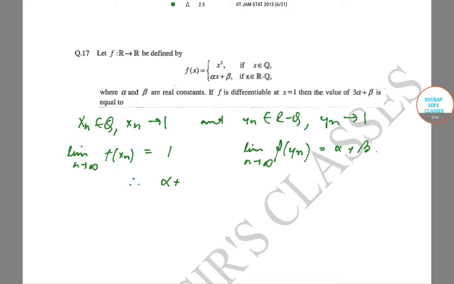Therefore we have alpha plus beta is equal to 1.